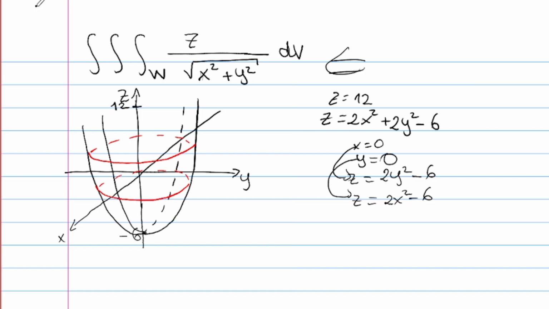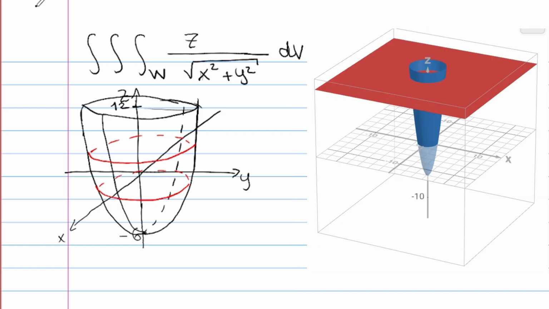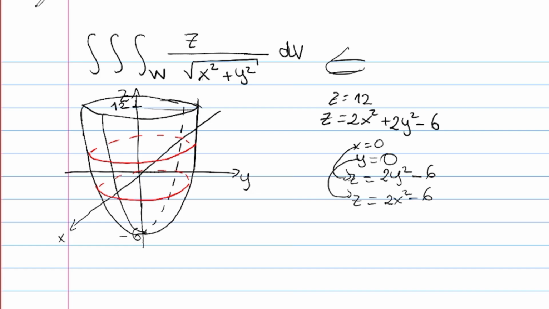It's around here. Yeah, we've taken so much time just to draw this, but there's no problem. We've got our paraboloid, and the plane here is z equals 12.